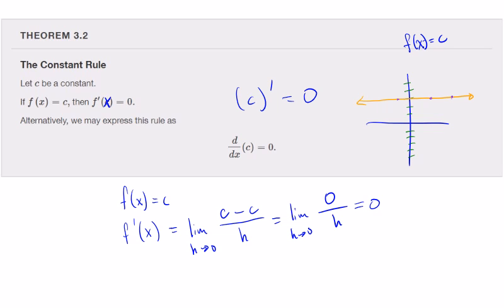Slope here is 0. Everywhere it's 0, right? And so that's an intuitive way to think about it: if you take the derivative of a constant function, then you always get 0, because the slope is 0 everywhere, right? It's constant. It doesn't go up or down. The function just remains the same. So the rate of change is always 0, right? No matter what x is, the output stays the same. So there's 0 rate of change.